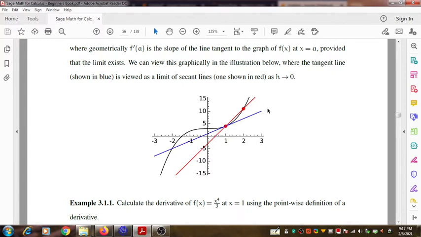You get the slope of the touching line at the point of consideration where we determined the derivative. So that is the geometrical interpretation of the derivative of a curve or a function at a given point.